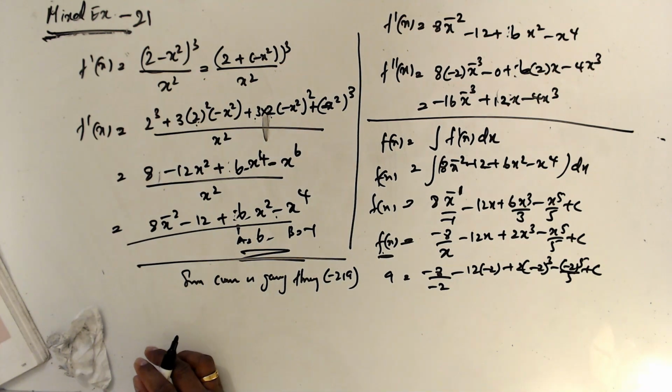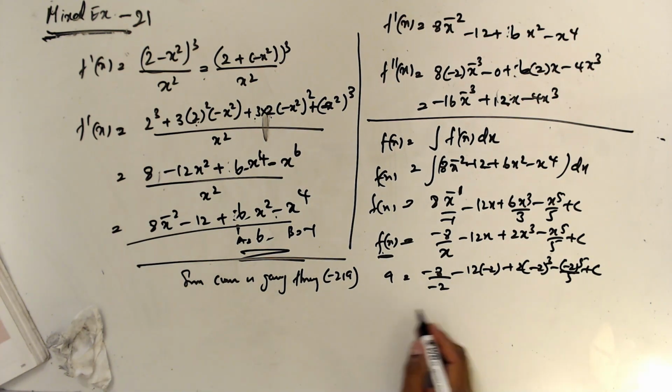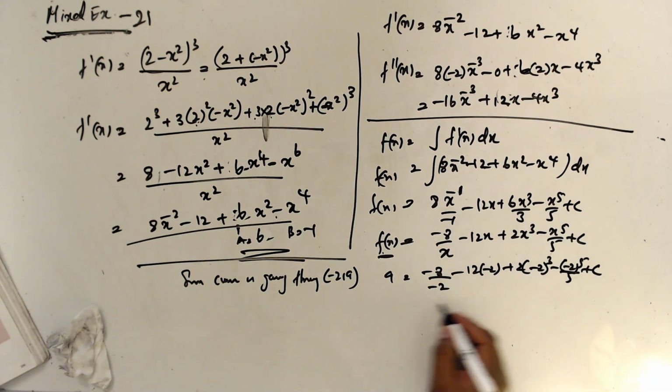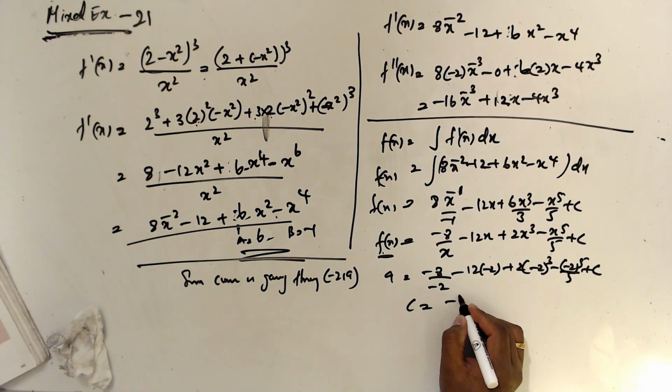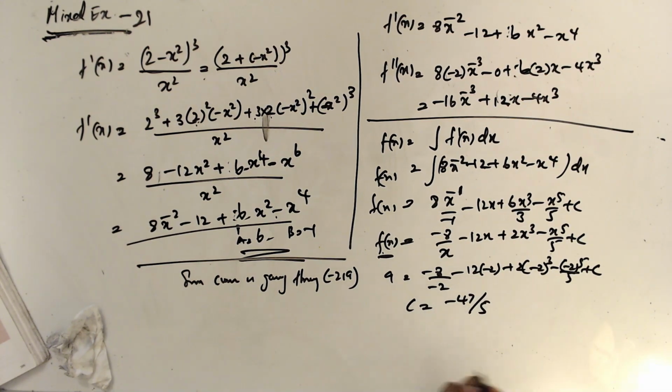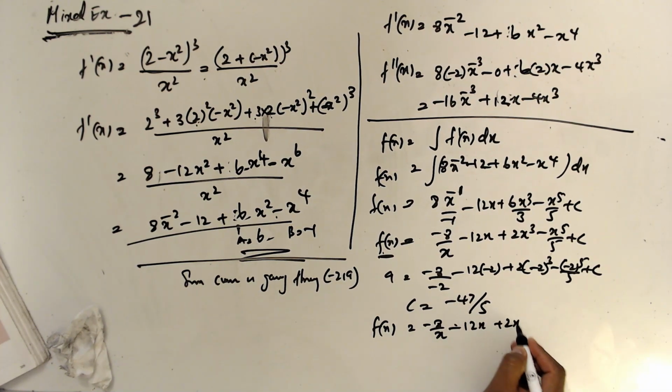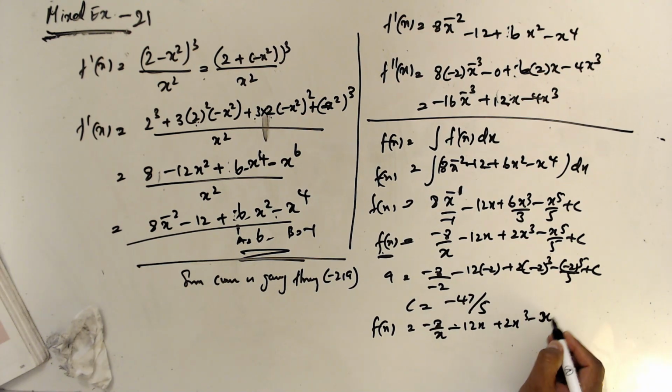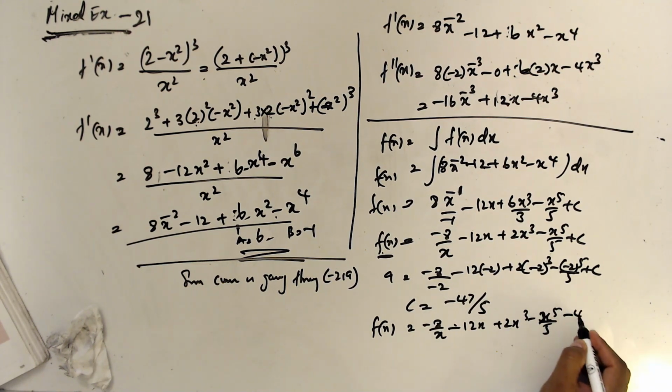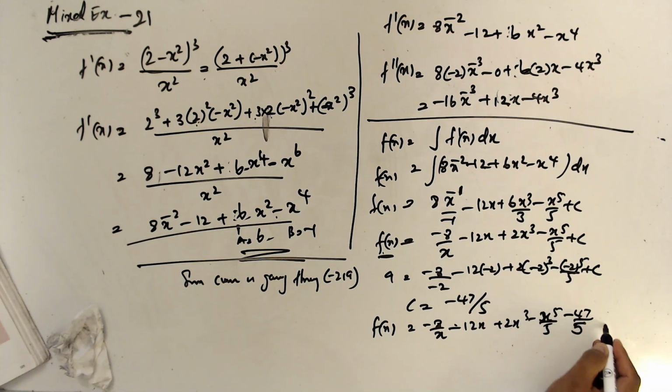So you will get a value for c. So c equals minus 47 over 5. Hence the curve is f x equals minus 8 over x minus 12x plus 2x cubed minus x to the 5 over 5 minus 47 over 5.